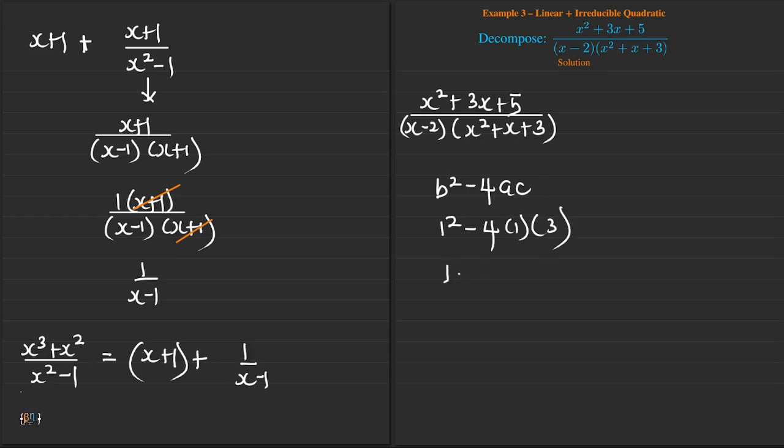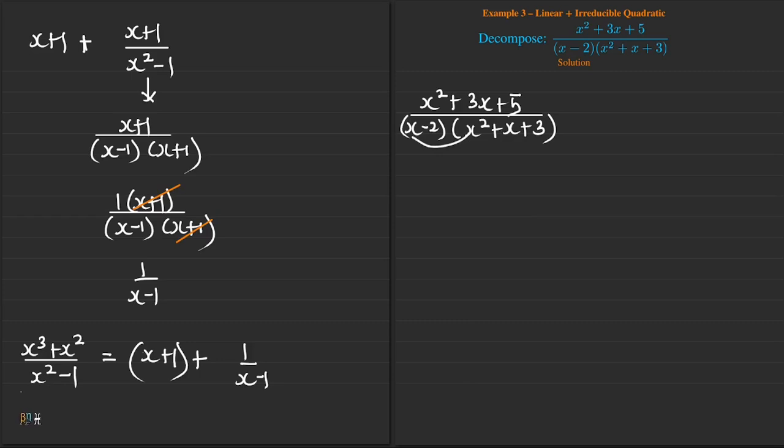That gives us 1 minus 12, and that is far less than what? 0. So we said if our discriminant is less than 0, then it simply means this cannot be factorized over real numbers. Hence, we have confirmed it is a quadratic.